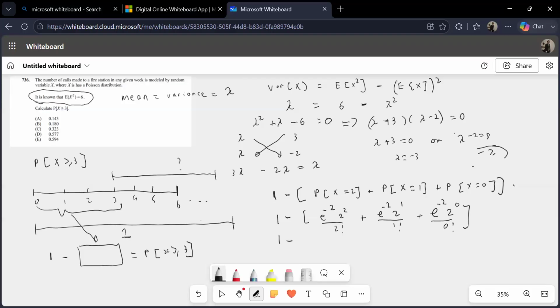And then 1 minus, and then it's just arithmetic, which is equal to 2 e to the minus 2 plus 2 e to the minus 2 plus e to the minus 2, which is equal to 1 minus 5 e to the minus 2, which is equal to 1 minus 0.6766, which is equal to 0.3233. And our answer is C.